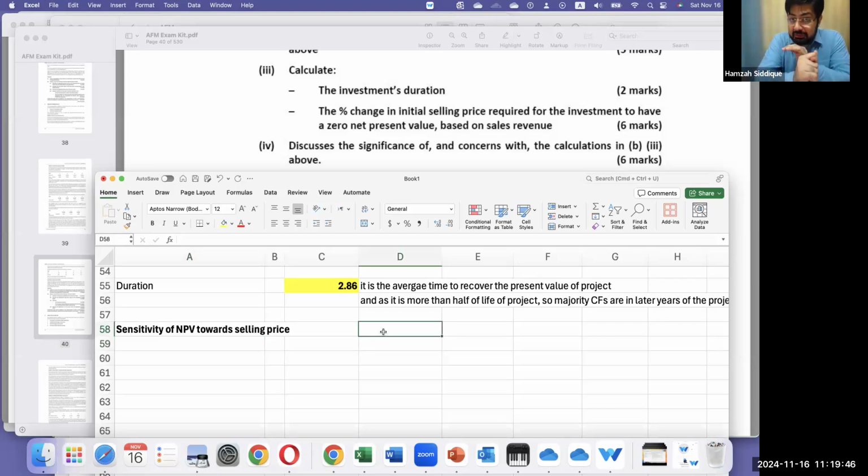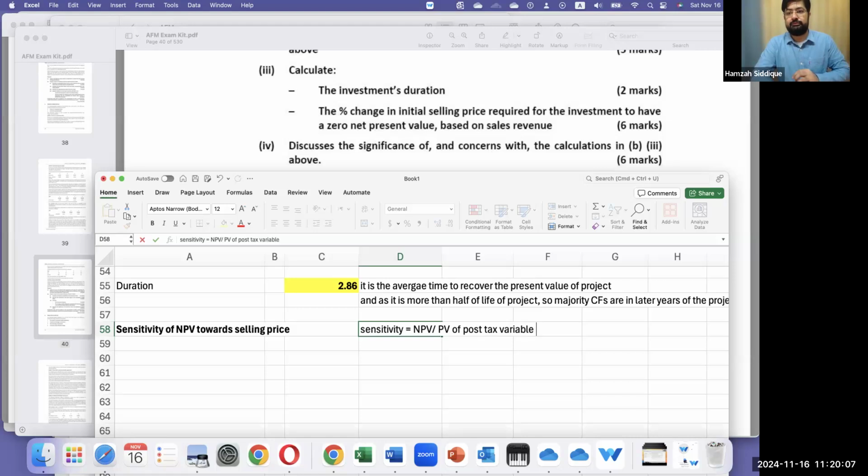Sensitivity is equal to NPV over present value of post-tax variable. Post-tax variable. Now here a bit of technicality.